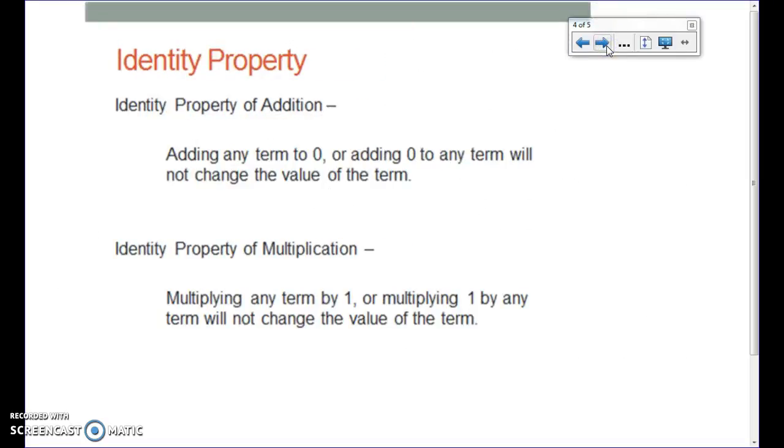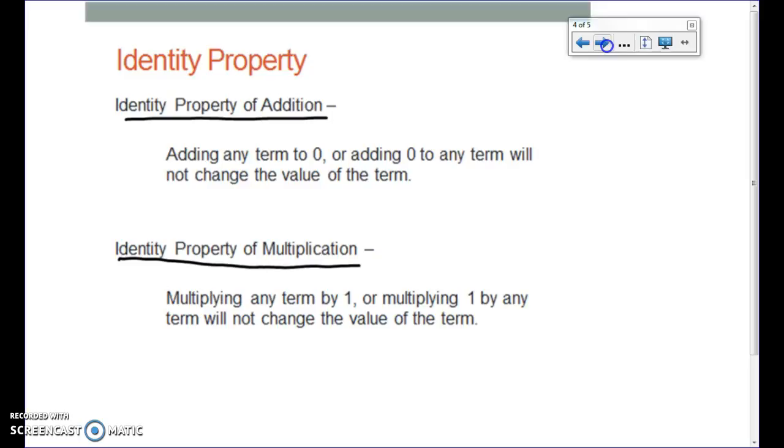The identity property is one of my favorite properties because the term keeps its identity. There are two ways to describe that, through addition and through multiplication. If I have any number and I add 0 to it, it'll stay the same. Or if I have 0 and I add any number to it, it'll be that number.